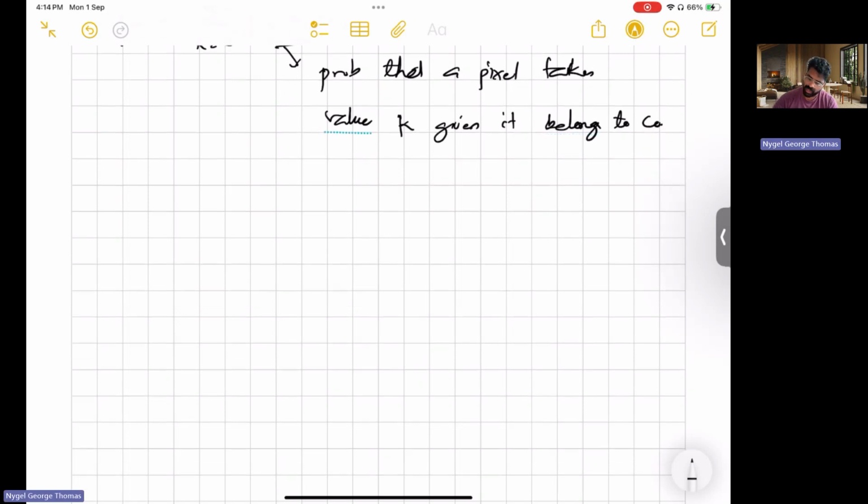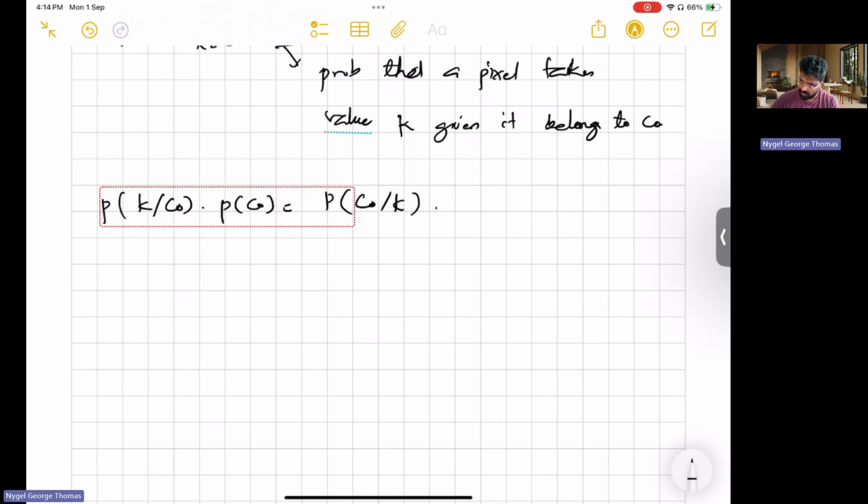So how do you find this probability? By Bayes' theorem, we have P of k given C0 into P of C0 is equal to P of C0 given k into P of k. We already know what P of k is.